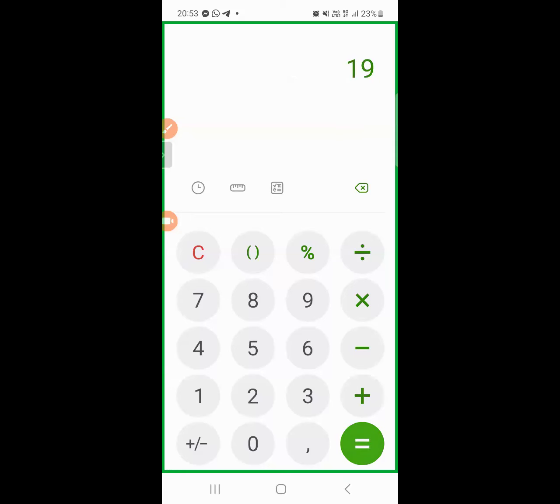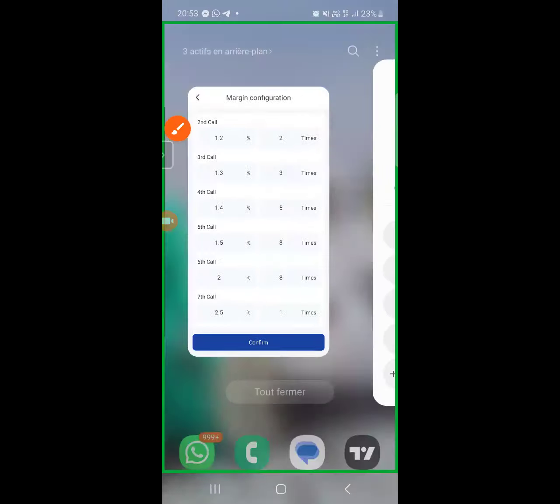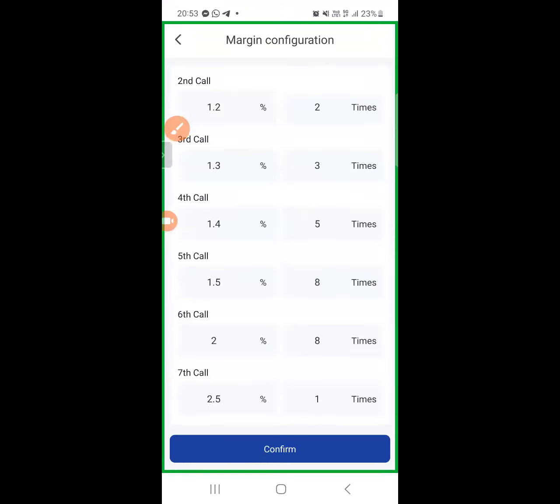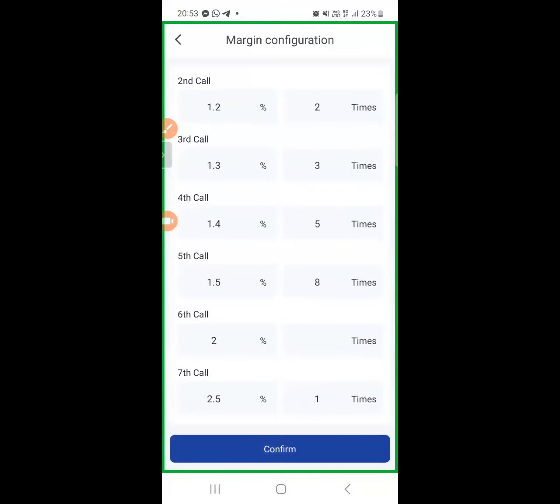Then let's multiply 19 times the first buy amount, $10, which is going to give us 190. So it means the first 4 margin calls here is 8. Then here we put 1.